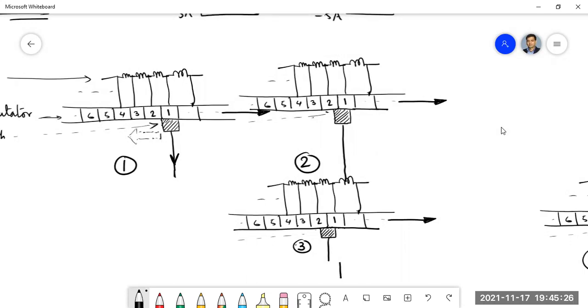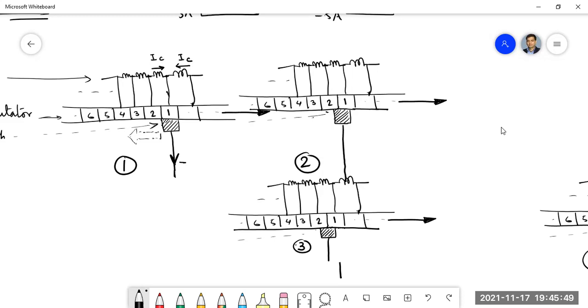Here I am just assuming that the brush is carrying current outwards. Here the current will be in this way, and I am taking both currents the same, IC and IC.